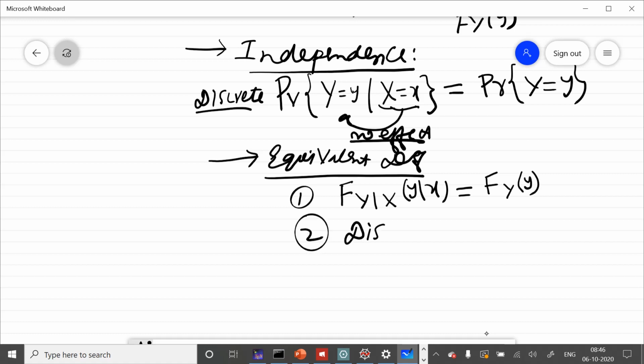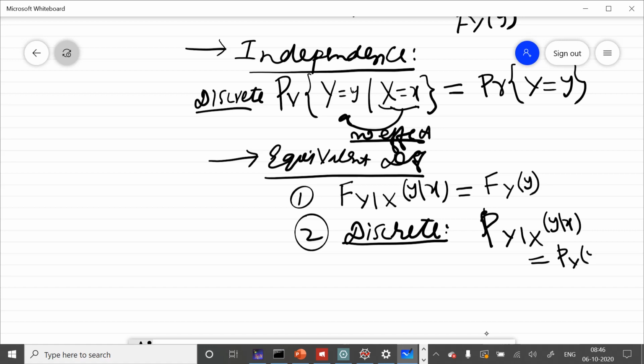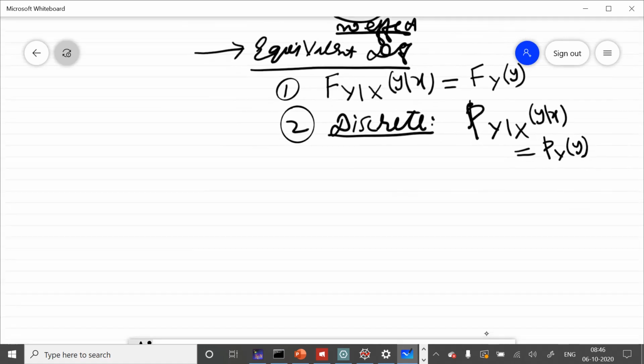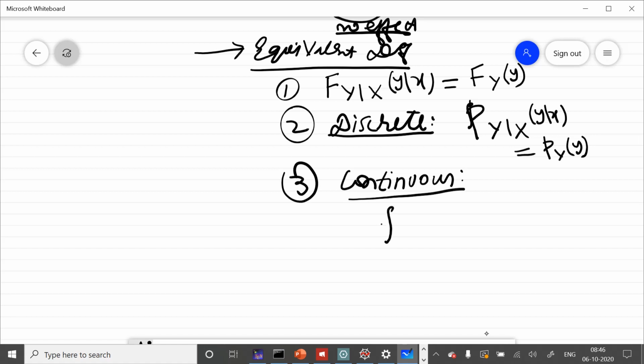For discrete in particular, if the conditional PMF of y given x is the same as the probability of y. In case of continuous, if f of y given x is the same as f_Y of y.